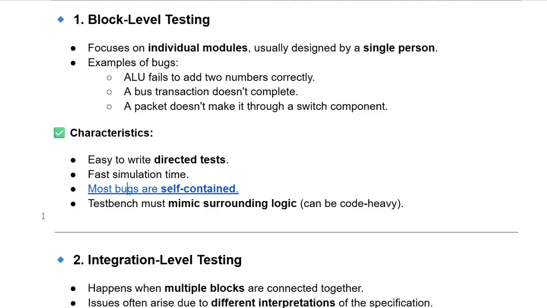So the test bench must mimic surrounding logic, and can be code heavy.